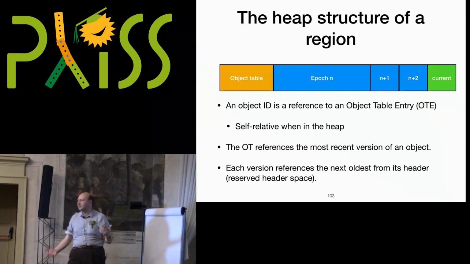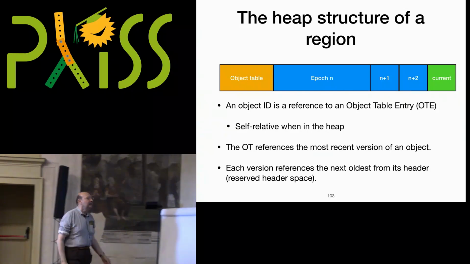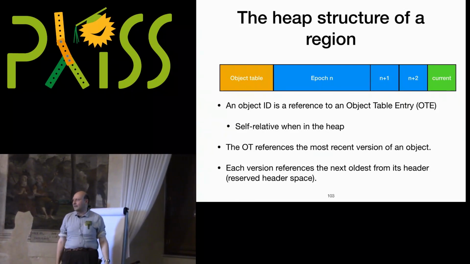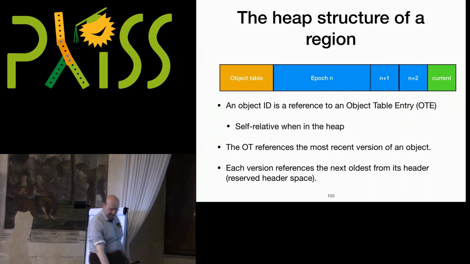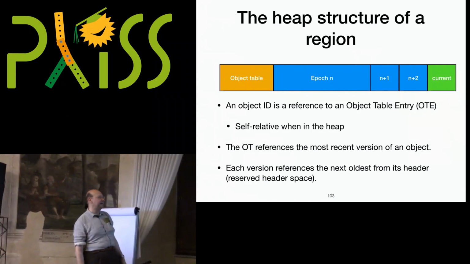The idea is like all computer science problems, you solve them by introducing an indirection. So in each region, logically, we have an object table, which is an indirection. In the region, the reference to an object is a reference to its object table entry, and the object table lives at some well-known place.